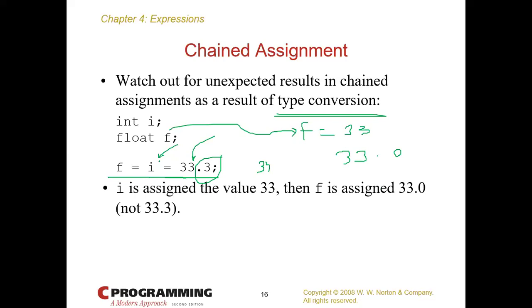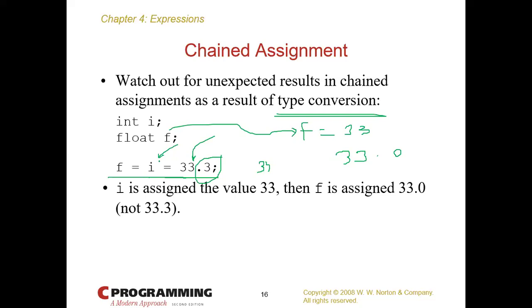When you chain assignment operators together, you need to also keep in mind that the assignment operator is right associative. So it groups from right to left, which means it solves the expression from right to left. It assigns value as it moves from right to left, it assigns the effective value of that expression on the right to the variable on the left, which may affect the final outcome of the expression, just like we have seen here.